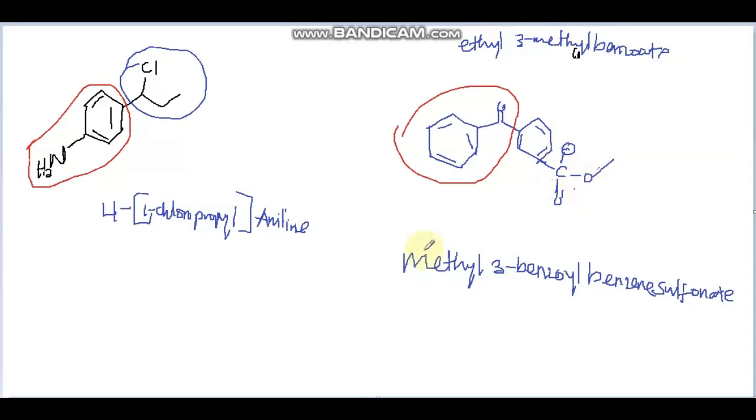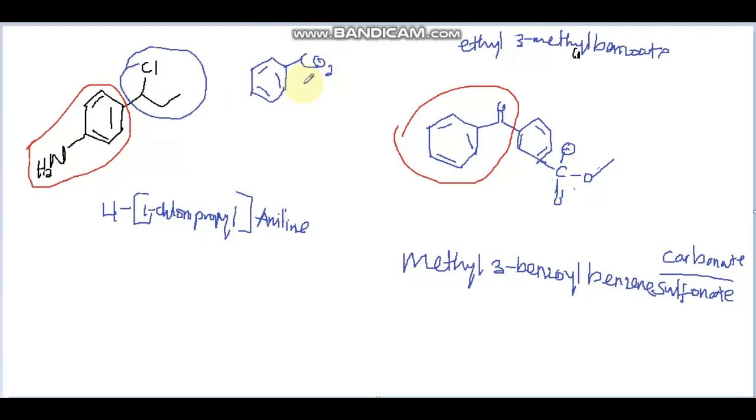In this case, the sulfonate is replaced with a carbonate. Now, if you have a benzene ring with a carbon CO2, this is a typical benzoate. If this becomes CO3, in this case, it becomes a benzene carbonate.